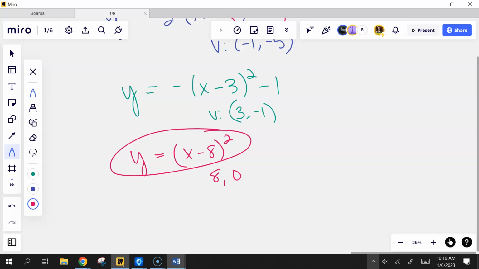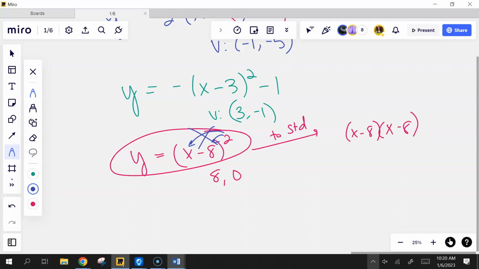I would have to get this back in standard form. I would have to do x minus 8 times x minus 8. And I showed you that because you never, never can you distribute this through there. You have to write it twice because exponents mean we write it twice. It says multiply it twice.